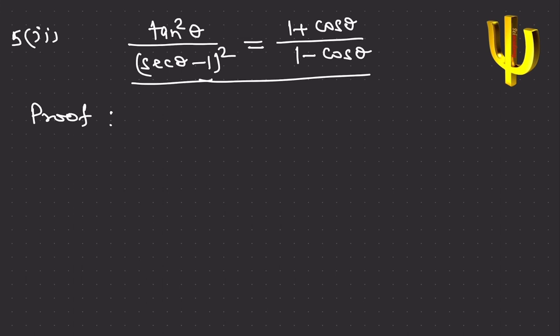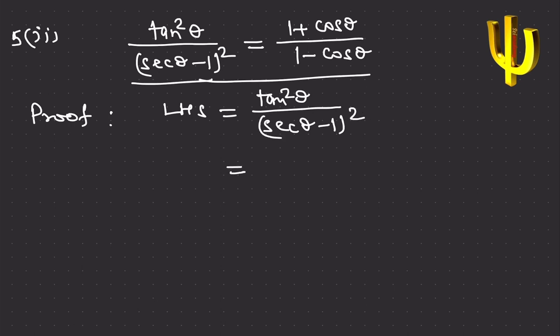So let us assume that LHS is equal to tan square theta by sec theta minus 1 whole square. That can be written as tan square theta in terms of sin square theta divided by cos square theta.